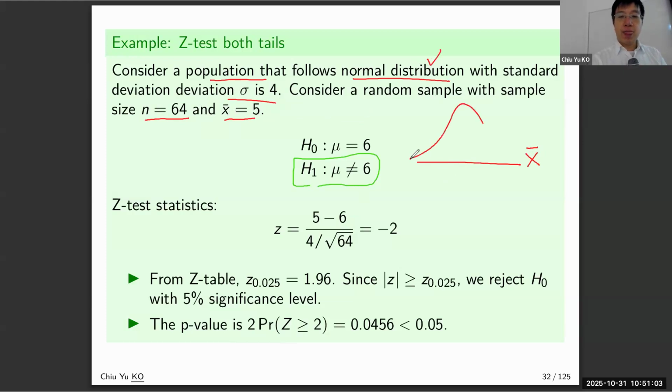Random variable means we have the bell curve, and according to the null, this is 6. Okay, and again, the variance of this will be sigma square over n, which we showed you is 1/4.